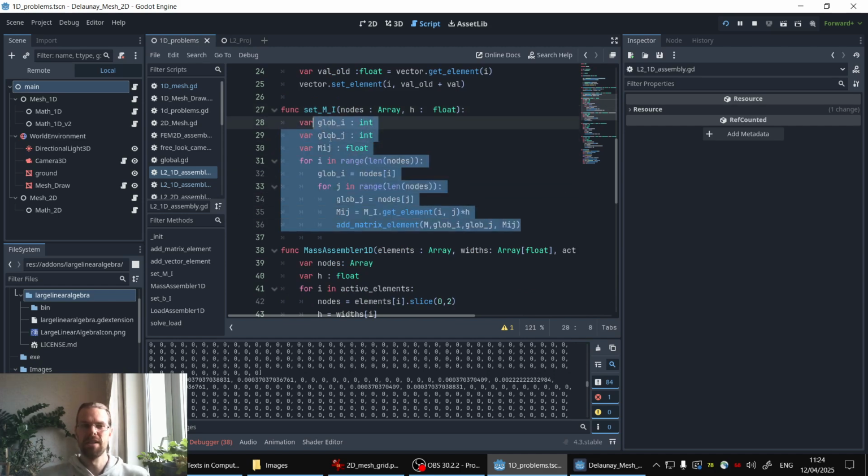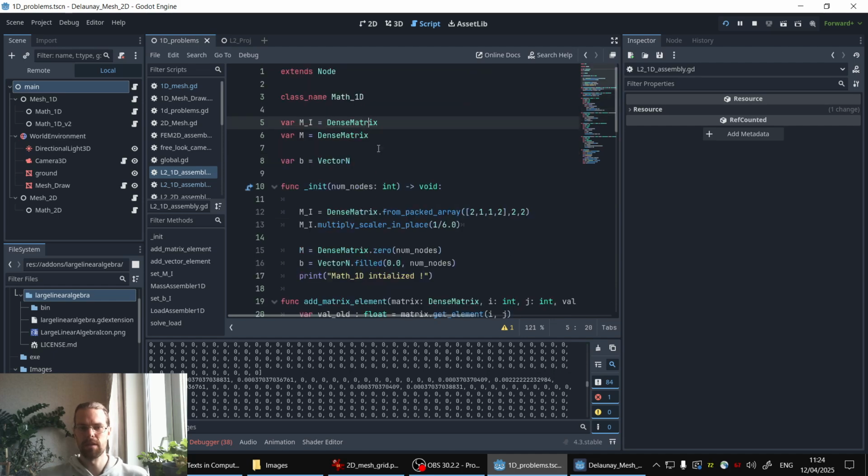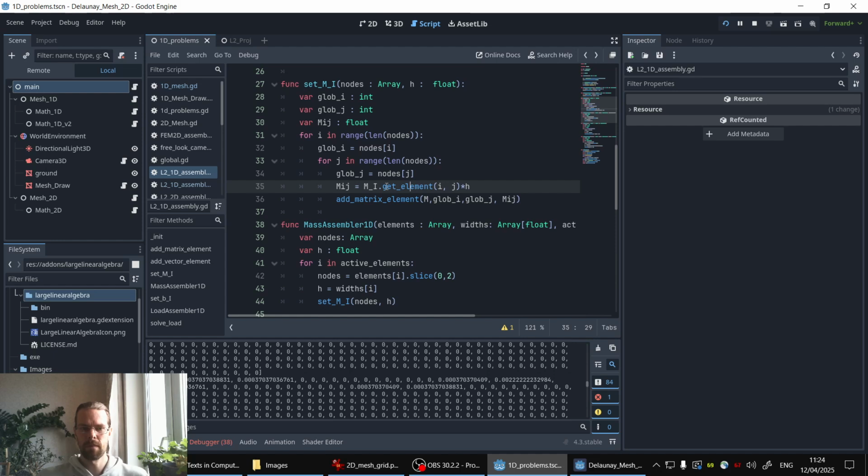We have pre-generated this particular matrix Mi here, filled it with correct entries, divided by something. And then we go through this small matrix, take its element and take a global reference, which is the actual node number, and place it into a bigger matrix, so M large.